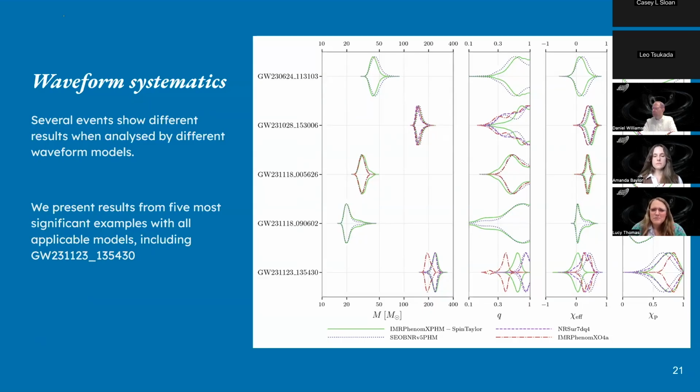And the most notable example in this plot is GW231123, where you can see that for all of the 4 different analyses which were done on this event, shown by the different colors and line styles, there are noticeably different results for the total mass, the source frame total mass, the mass ratio, the effective aligned spin, and the effective precession spin. But there are also some other notable examples as well shown in this plot. Next slide.